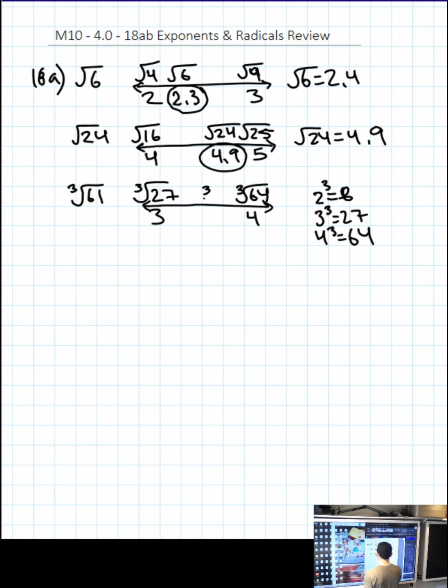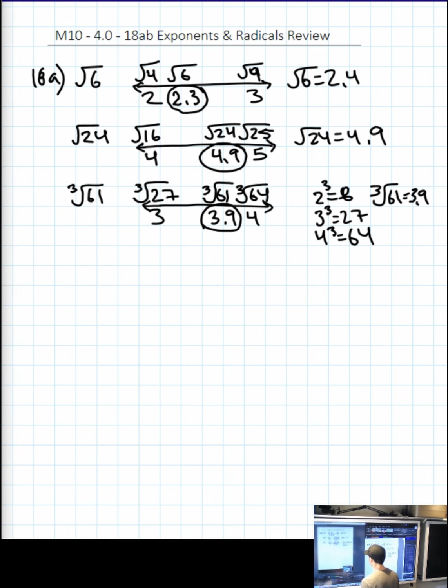Now the cube root of 61 is way closer to 64, so it's going to be like 3.9. Circle your answer. So on the calculator, we can test the cube root of 61, and the cube root of 61 is equal to 3.9. Incredibly accurate.